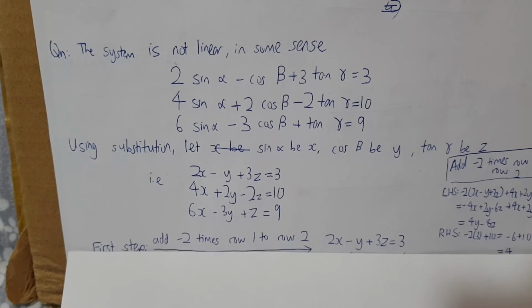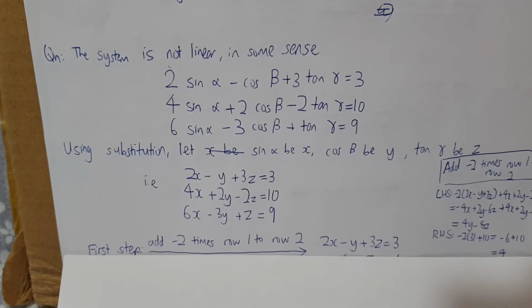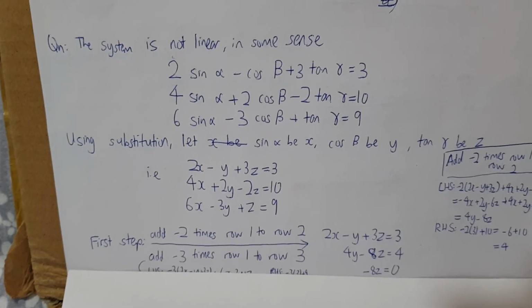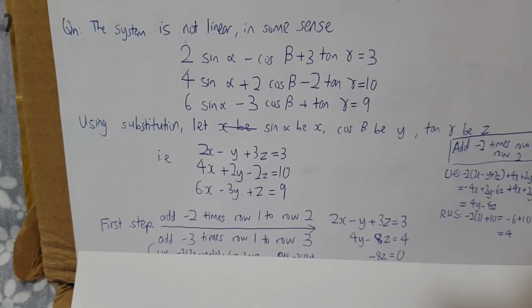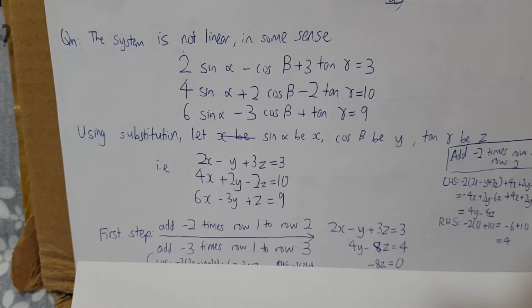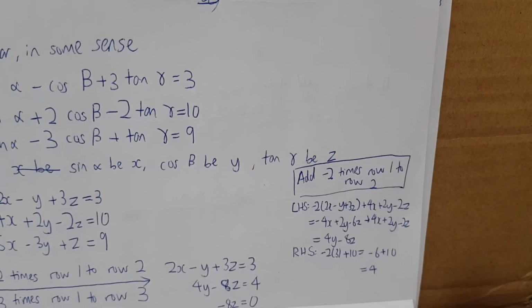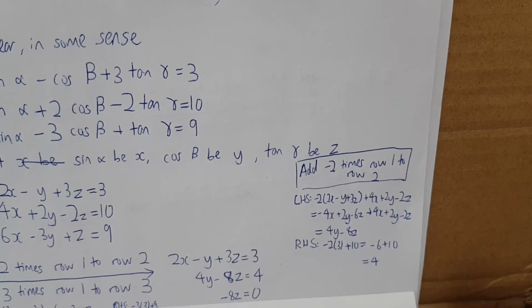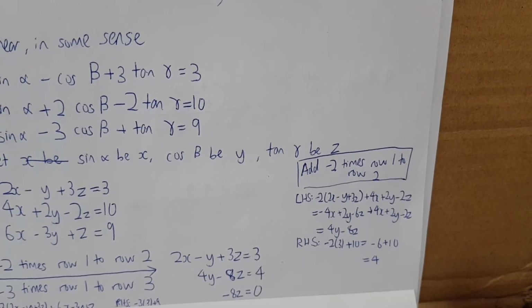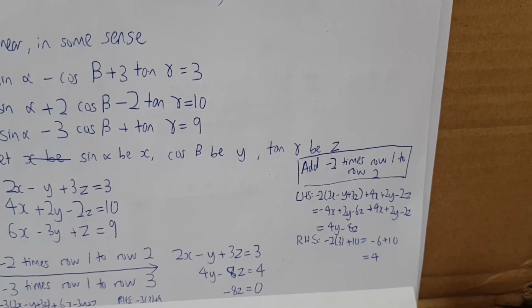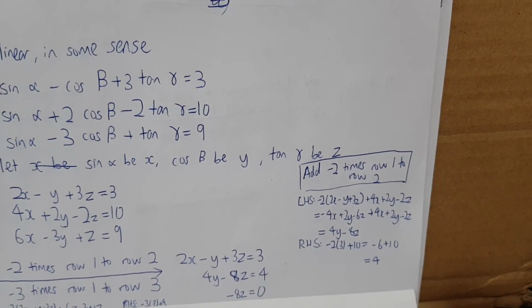Hence we can add minus 2 times row 1 to row 2 to eliminate the x variable on the second row, and add minus 3 times row 1 to row 3 to eliminate the x variable on the third row. For adding minus 2 times row 1 to row 2, we get 4y minus 8z, and the right hand side is 4.